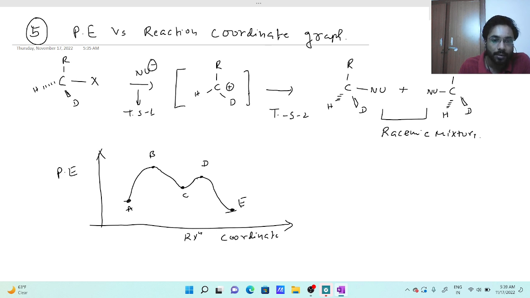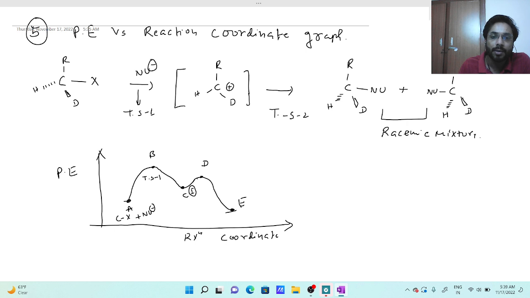So this is alkyl halide R-X plus nucleophile. Point number B is nothing but transition state 1. Point number C is nothing but intermediate, carbocationic intermediate. Point number D is transition state 2, and point number E is the product.